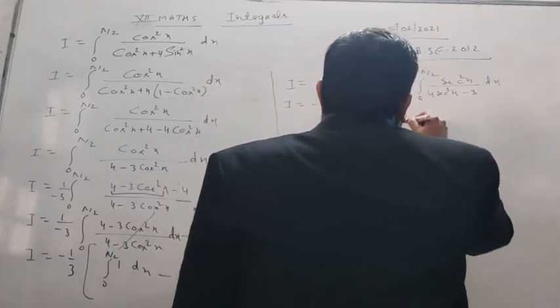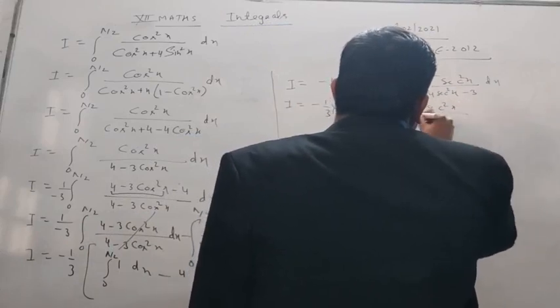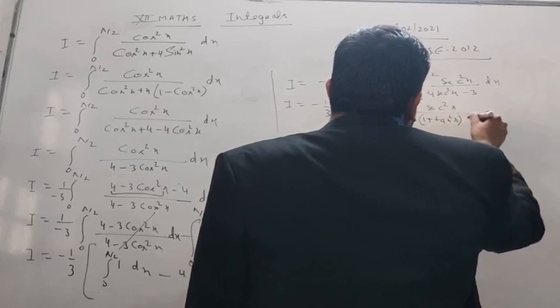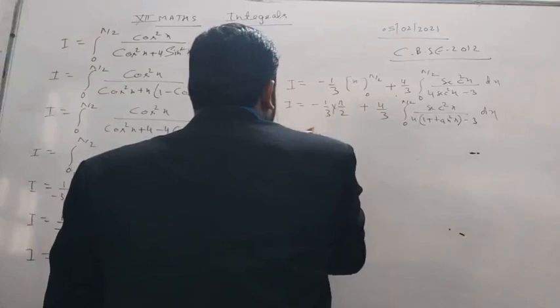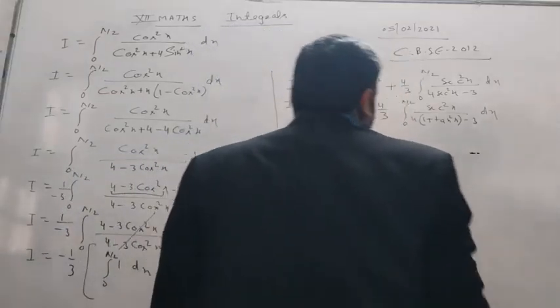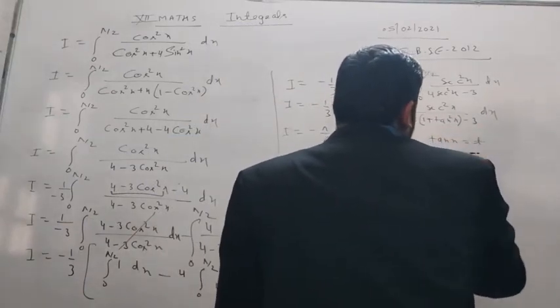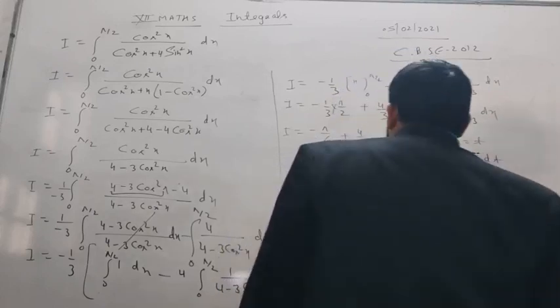Okay, students, and this we can write as sec square x by 4 into 1 plus tan square x minus 3 dx. So I is equal to minus pi by 6 plus 4 by 3. Now students, we take tan x as t, so we can write sec square x dx is equal to dt.